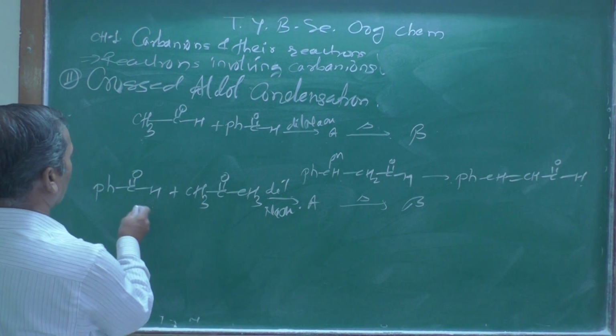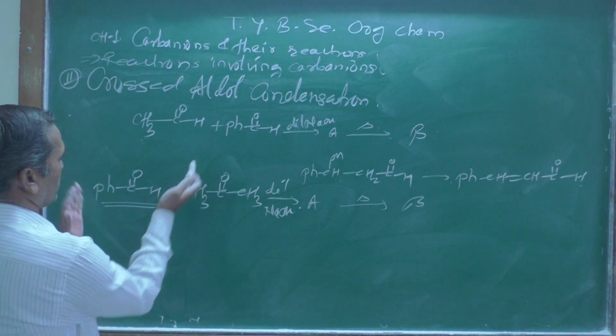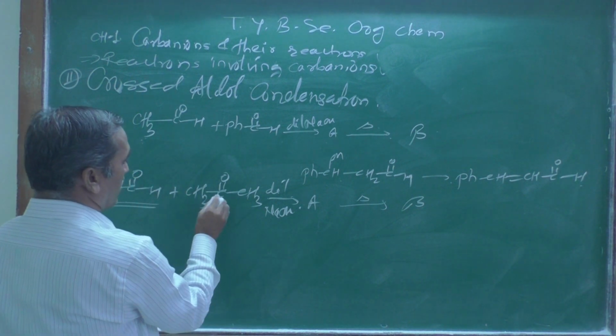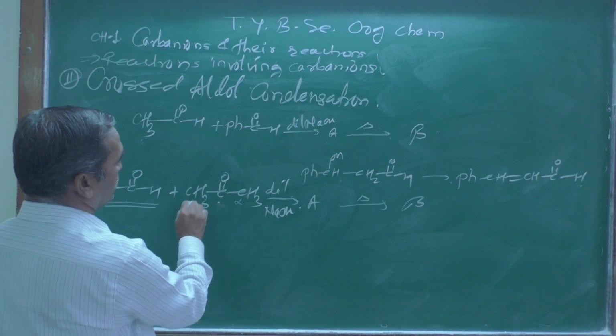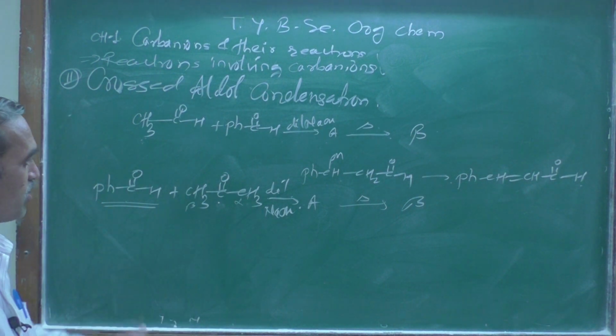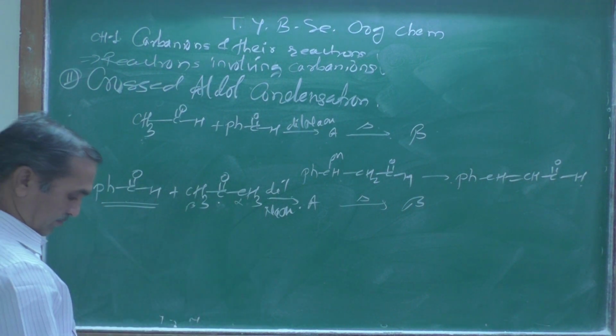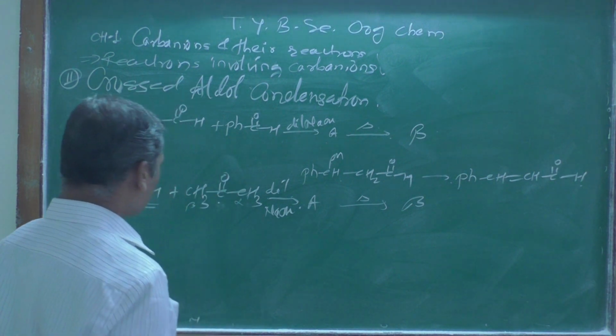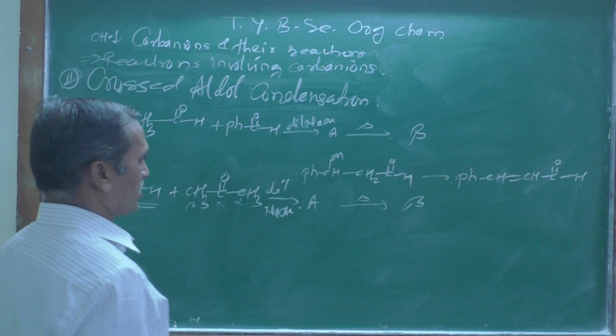Now look at here, I am writing this acetaldehyde over here, but that acetophenone has an alpha hydrogen atom, and therefore this compound undergoes what we can call an aldol condensation reaction.